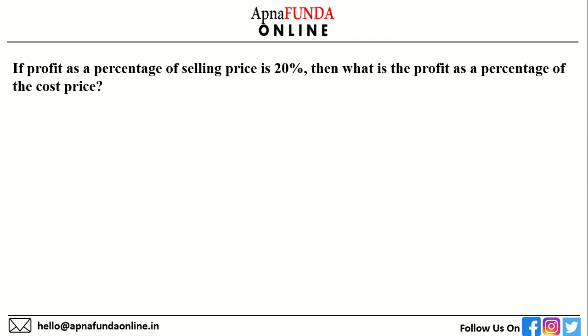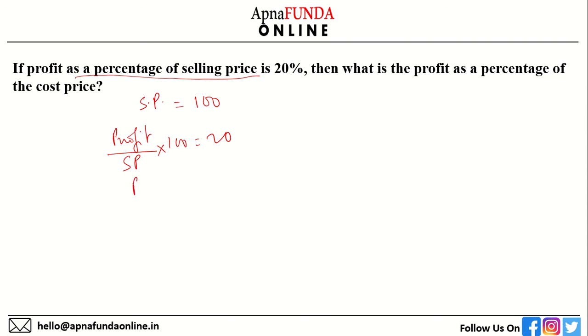So we know that profit as a percentage of selling price is 20%. So let's say selling price is equal to 100, and what is given is profit as a percentage of selling price is 20%, right?